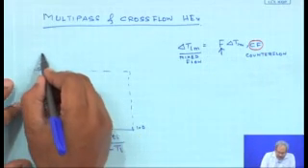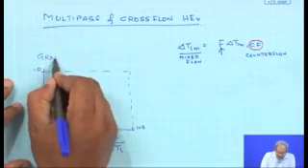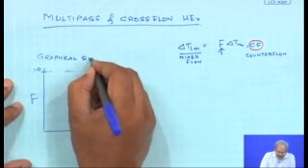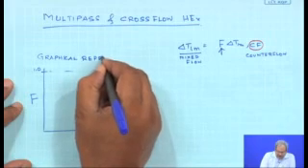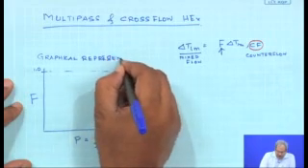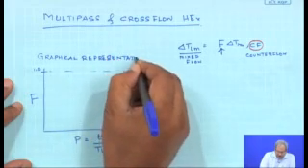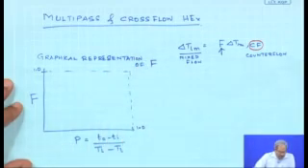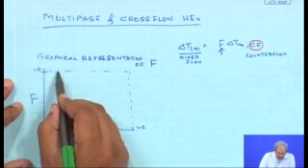So what we have is a graphical representation of the factor F. It's going to look something like this.